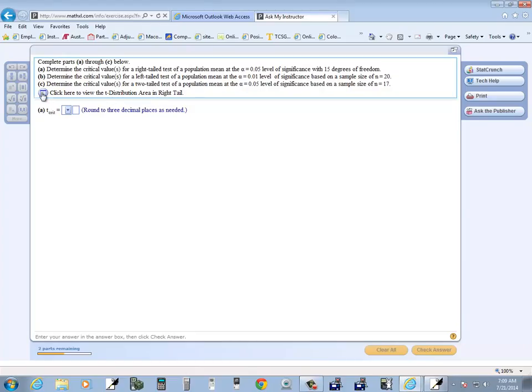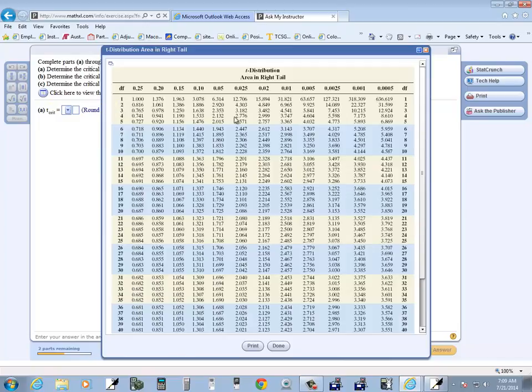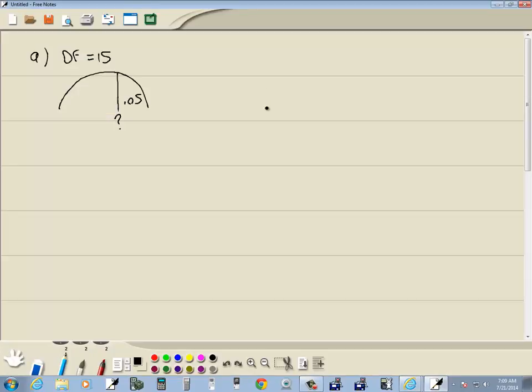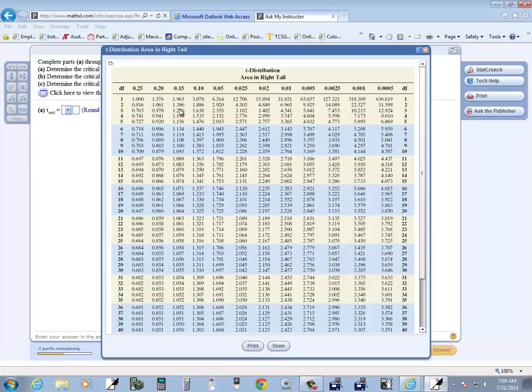Okay, well, if I click that, the t-distribution table has the degrees of freedom down the side, and across the top is the area in the right tail. Now that should say area in one tail, so it's incorrect. So we got 0.05.